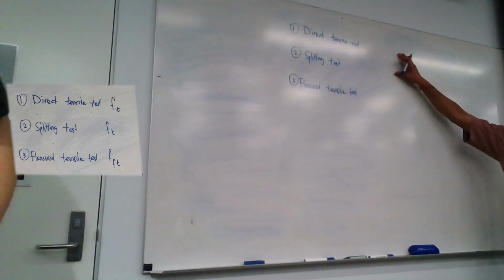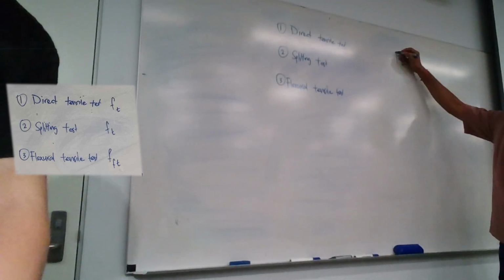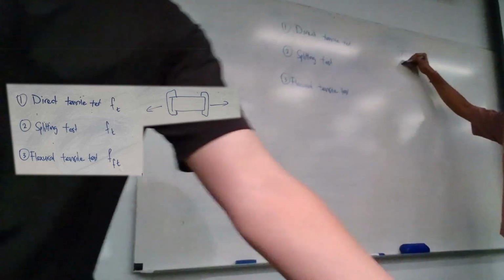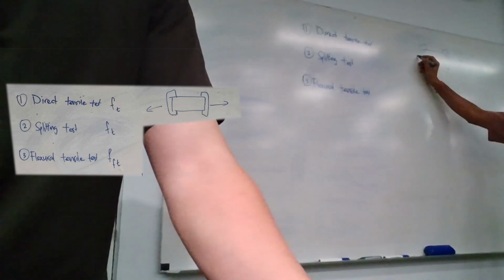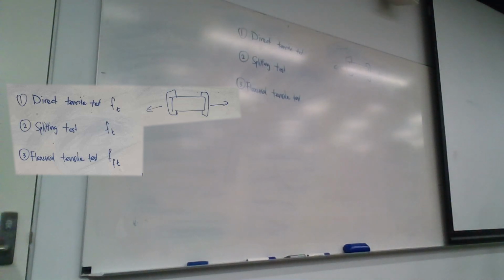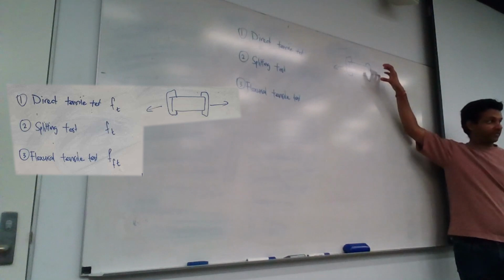The first one is fairly obvious. You've got a piece of concrete, you grip it on either side with a clamp, and then you pull it apart. The problems with this test: number one, the grip strength.